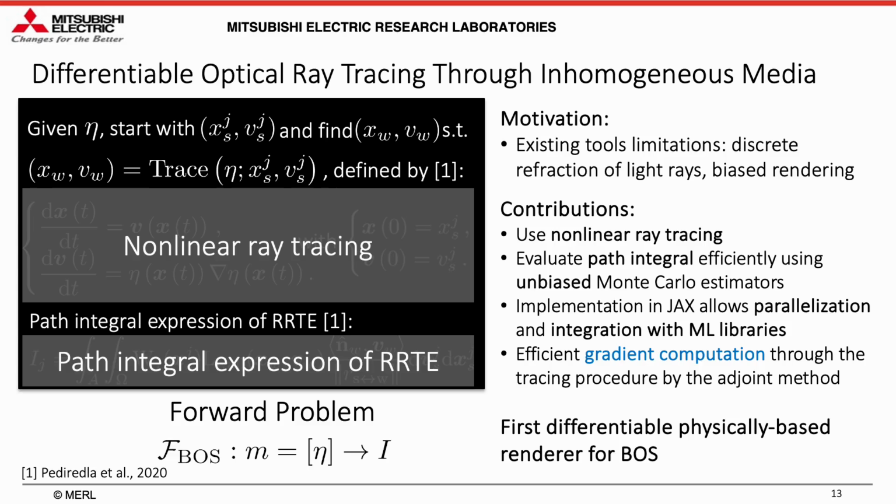We also implemented the light propagation using the JAX library that allows for parallelization and integration in machine learning libraries. And we also have an efficient gradient computation through the ray tracing procedure that relies on the adjoint method. And this constitutes, to our knowledge, the first differentiable physically based renderer for background-oriented Schlieren.